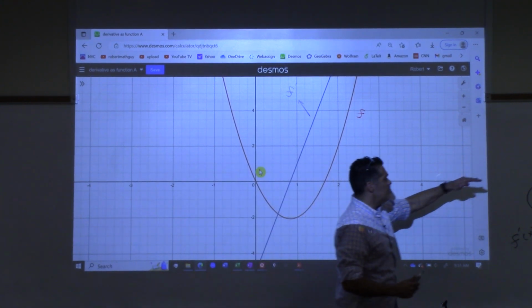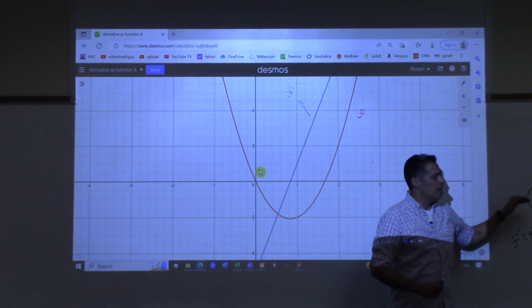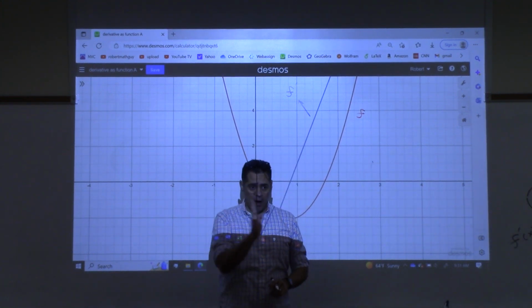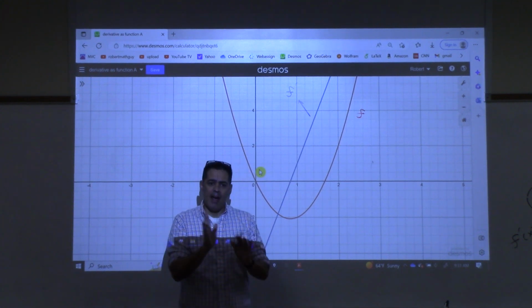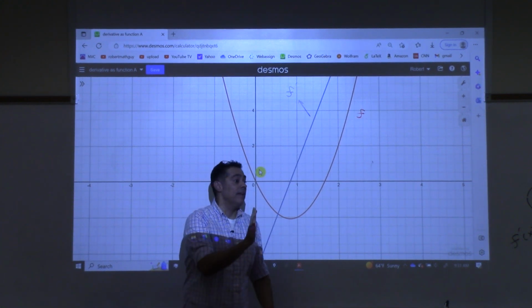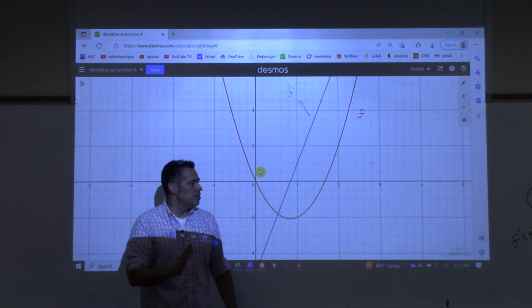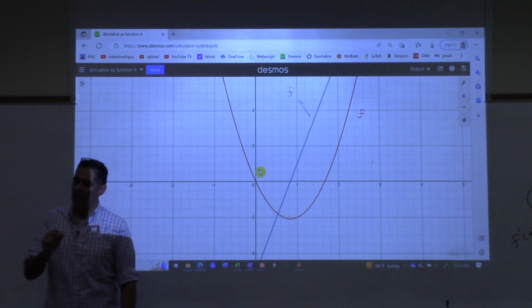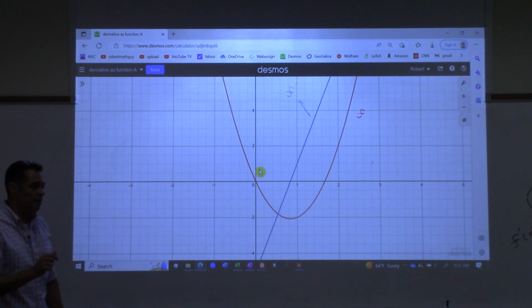Now, back in the first two derivative definitions, those formulas would give you the slope of the tangent line at A, right? A would be that point. Now we're saying that point A is no longer A, it's x. We're calling it x. So that new function in blue should be giving you the slope of the tangent line of the red curve, or the red graph, at any particular point.